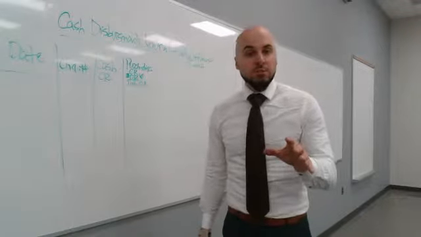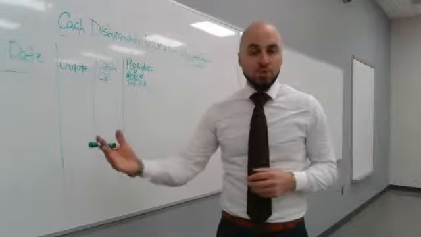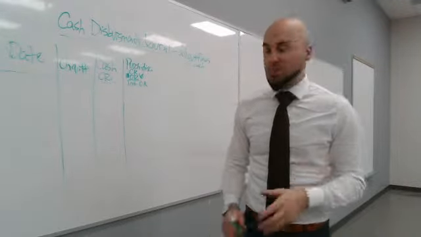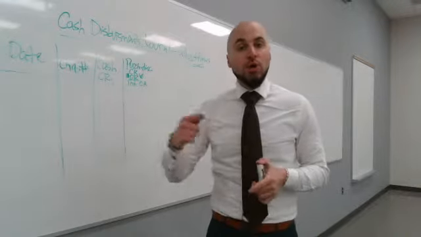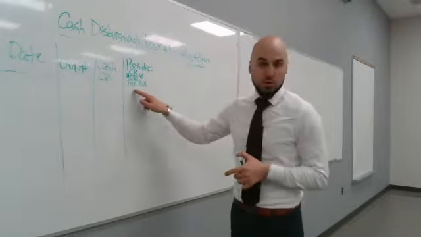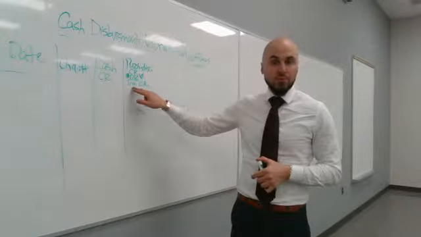And this will depend on if you're using a periodic or a perpetual system. If you're using a periodic system, you call it purchase discounts, because in a periodic system you are not continuously updating inventory. But if you're using the perpetual system, you will put inventory here.